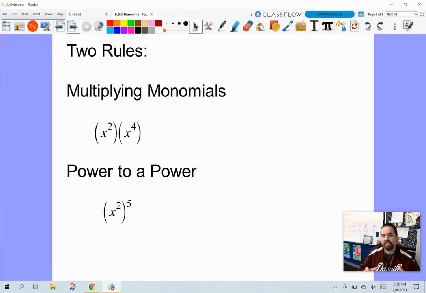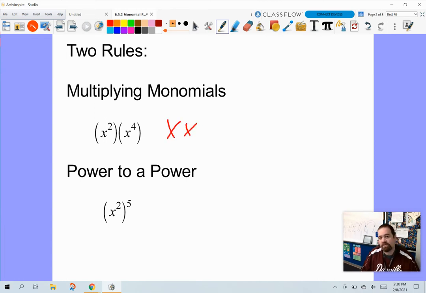So just to summarize, here are your two basic rules. When you multiply monomials, you can really go back to the basics of what an exponent is, what it means. So this x squared literally means you're multiplying two x's together.